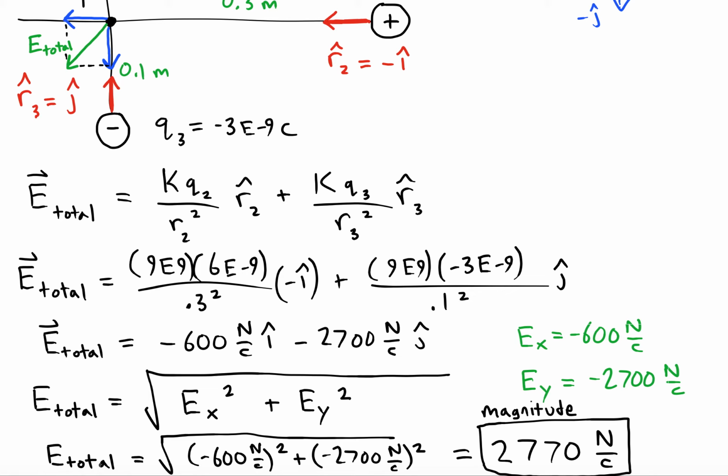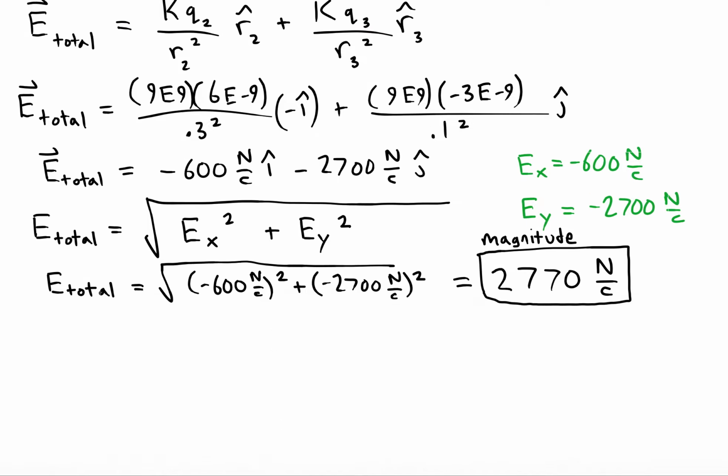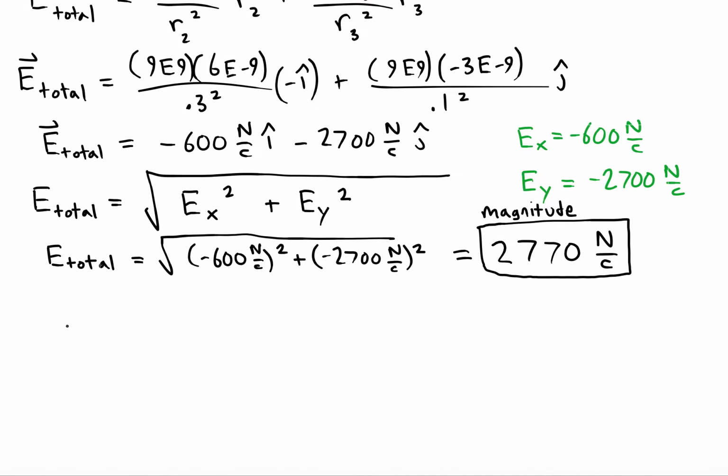You might also be asked to find the angle in standard position of that E total. To do that, it's a review from Physics 1. If you want a more in-depth explanation of this, just see my Physics 1 playlist from the past. But what we need is a reference angle.